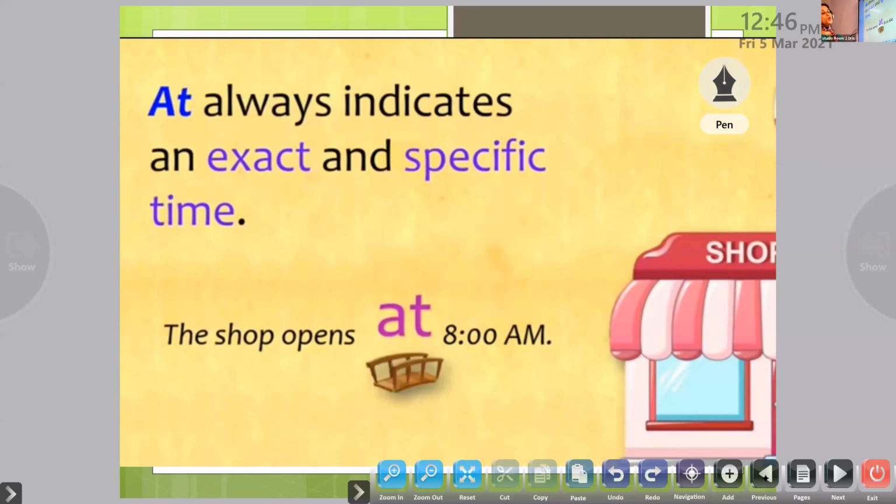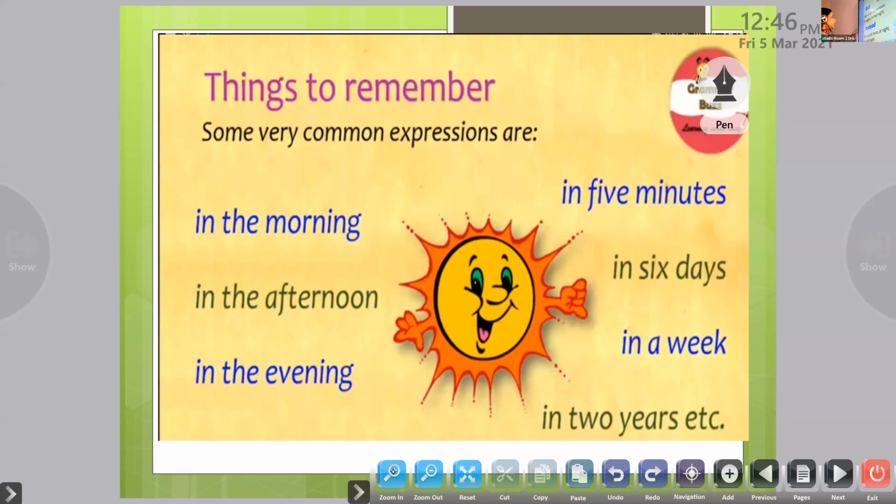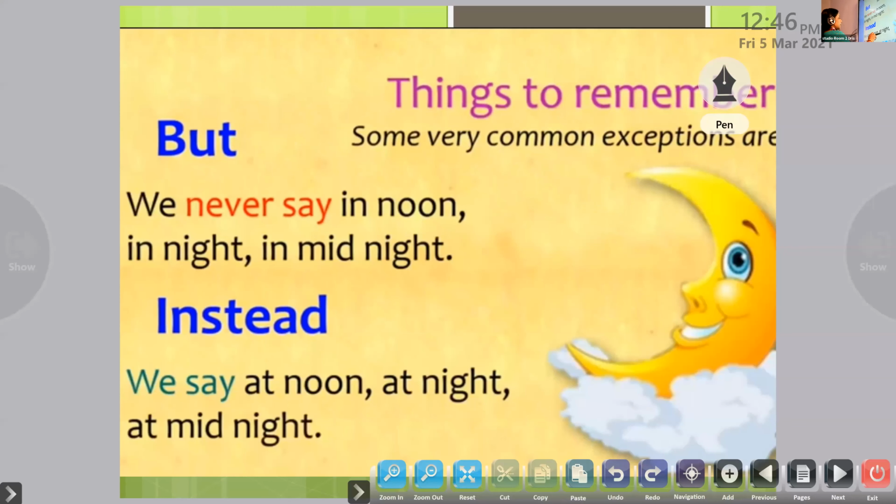Also with these expressions, which are not here: night, noon. We use at noon, at night, and at midnight. It is easy to remember.